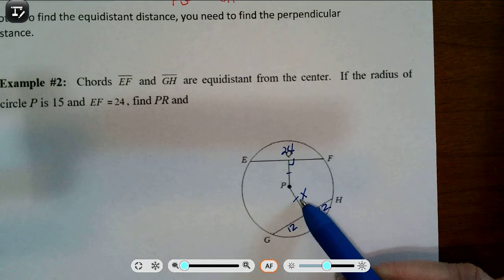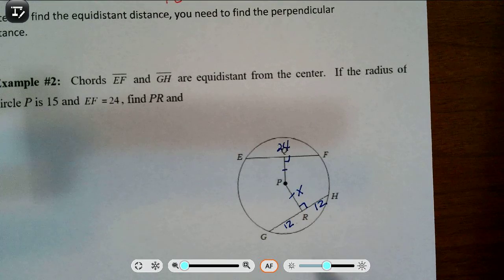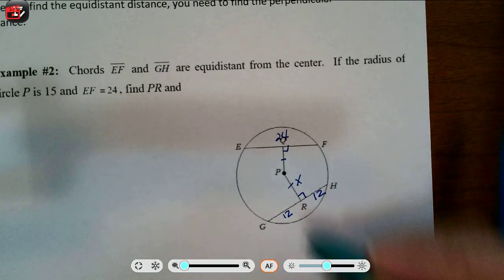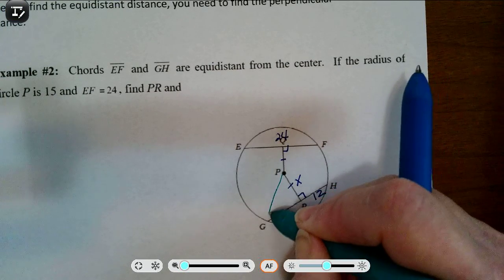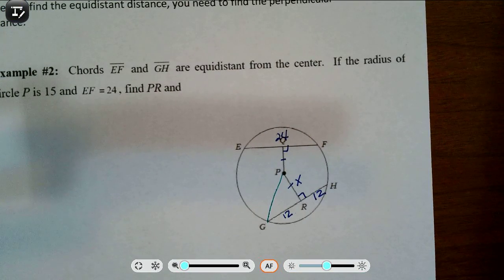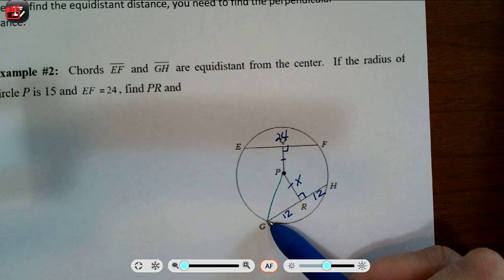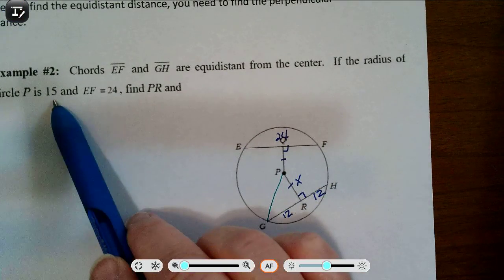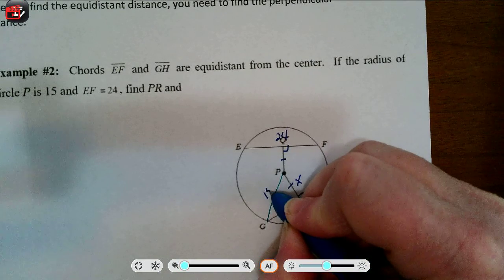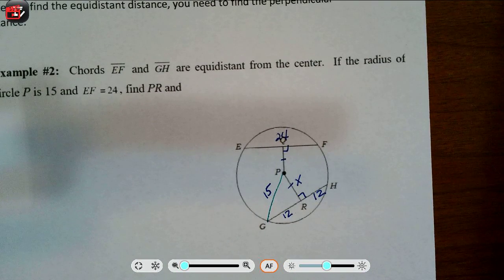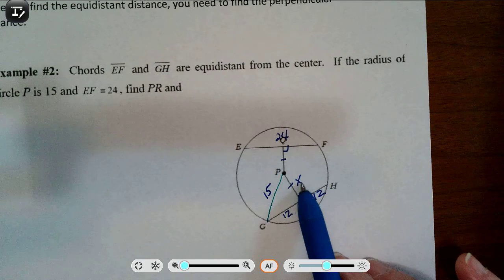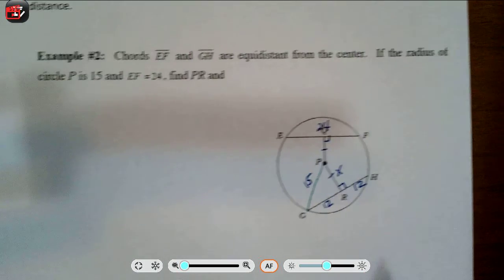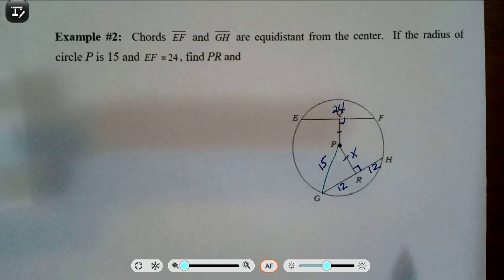Now I need to find this side right here, PR. Again, I'm going to draw in a radius, going from the center to a point on the edge. It tells me the radius is 15, so that's 15. And again, I need to solve for x. I'm going to use the Pythagorean theorem again.